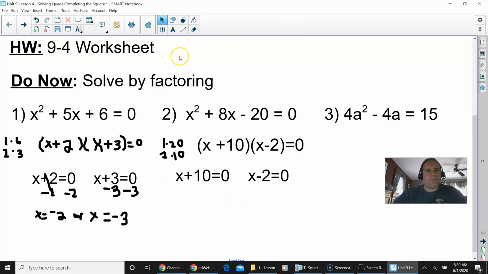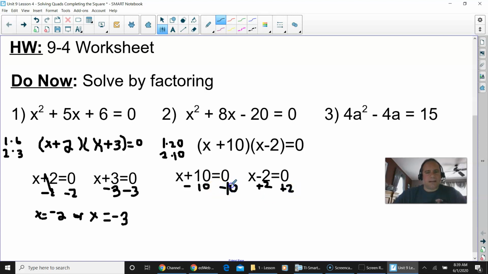All right, and then we solve each side. So you're subtracting 10 on this side, adding 2 for this equation, plus 2 on either side right there, and a minus 10.